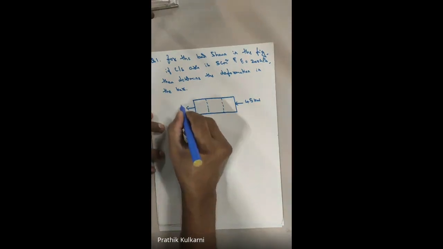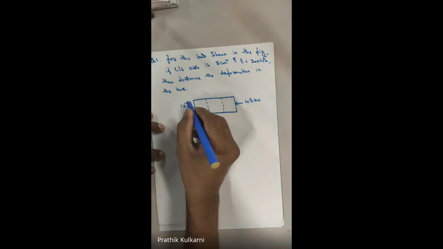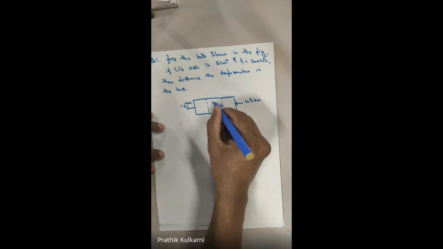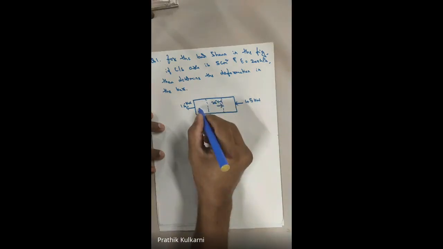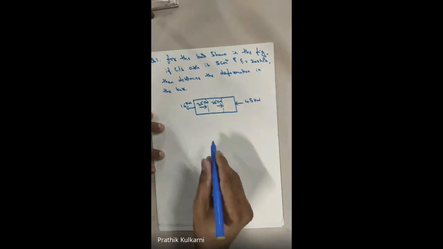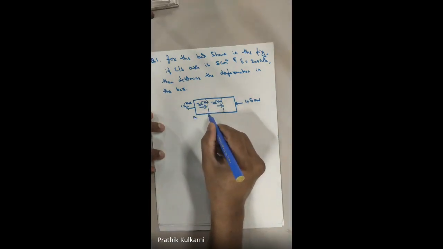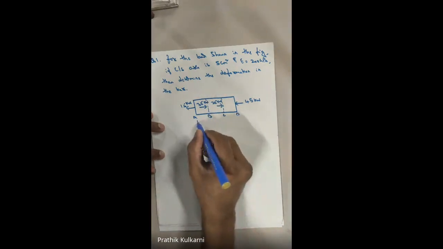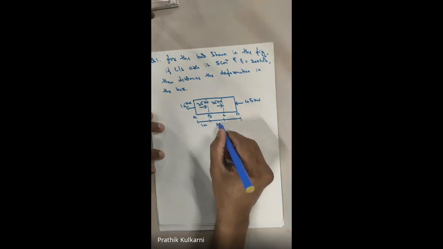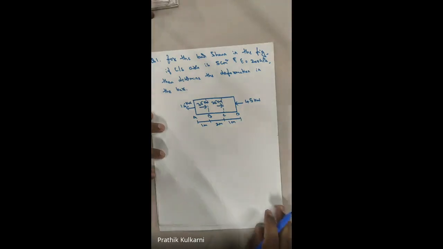So here we have 15 kilonewton, here we have 25 kilonewton and here we have 35 kilonewton. This is A, B, C, D. This is 1 meter, 2 meter, 1 meter.